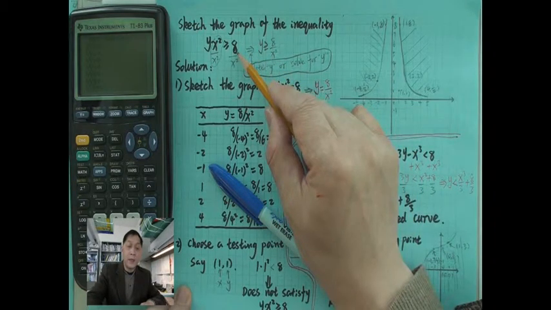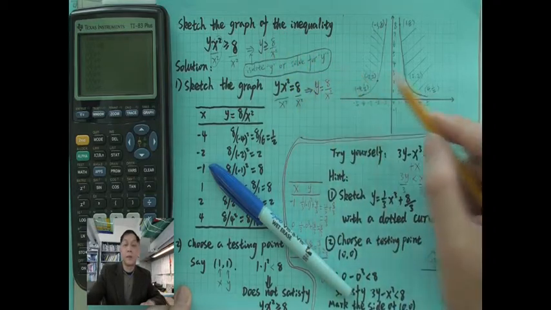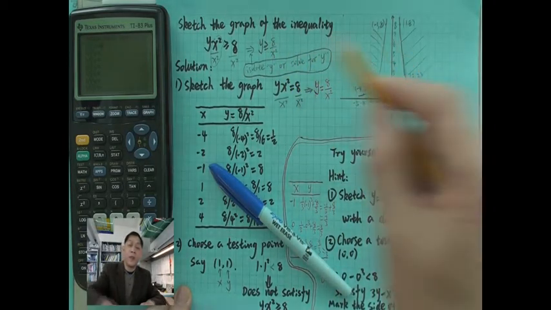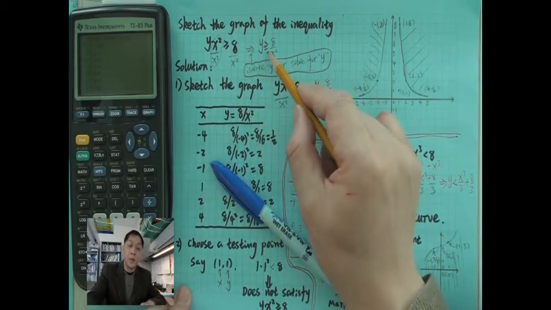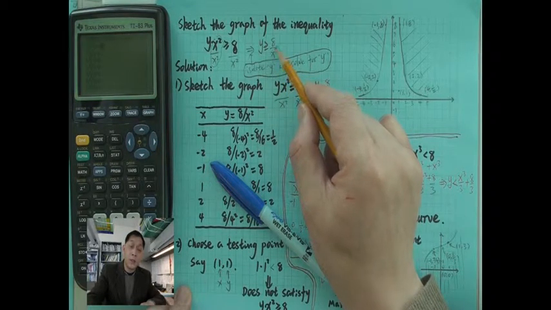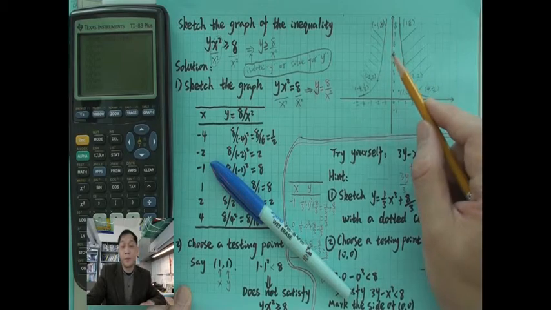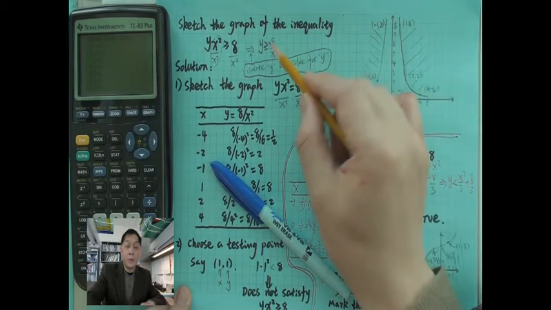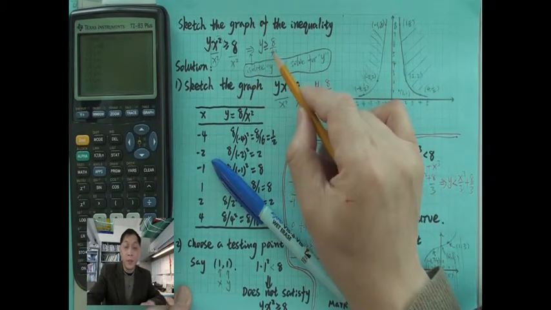The right-hand side is 8 over x squared. So y is greater than or equal to 8 over x squared. After you get from here to here, it looks like we know something.